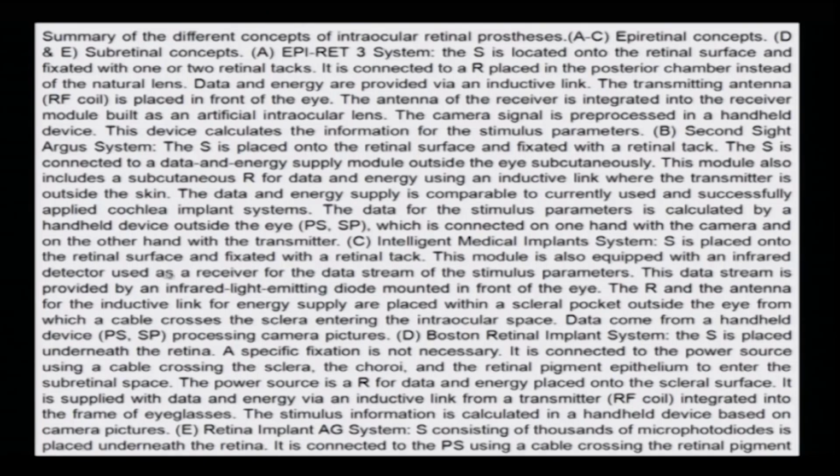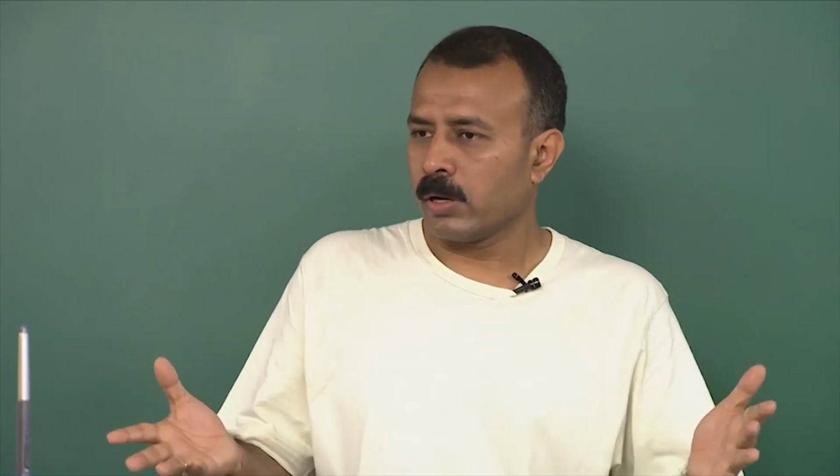Then you have intelligent medical implant systems, then you have the Second Sight Argus system. These are the different people who over the years have developed these different prosthesis regimes, and they are the ones who have come up with different models for people to understand how these different prostheses work.